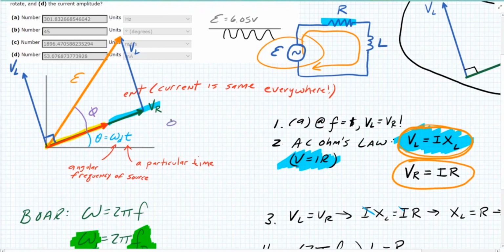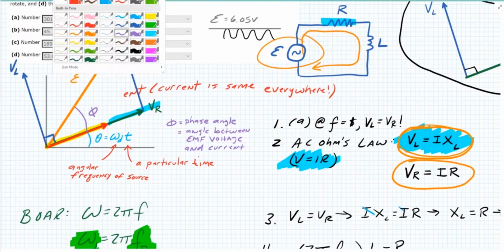So phi is the phase angle, the angle between the EMF voltage, which again is brought to you by DTE or Consumers Power, whatever, and current. That is the phase angle.